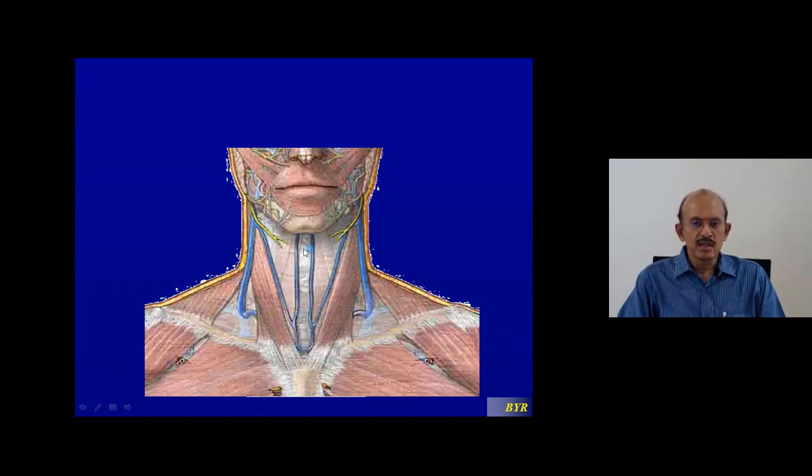These are the anterior jugular veins, and here is the external jugular vein. And this is the communicating vein between the anterior jugular and external jugular. In some individuals you find only an unpaired anterior jugular vein. And this is called the space of Burns.